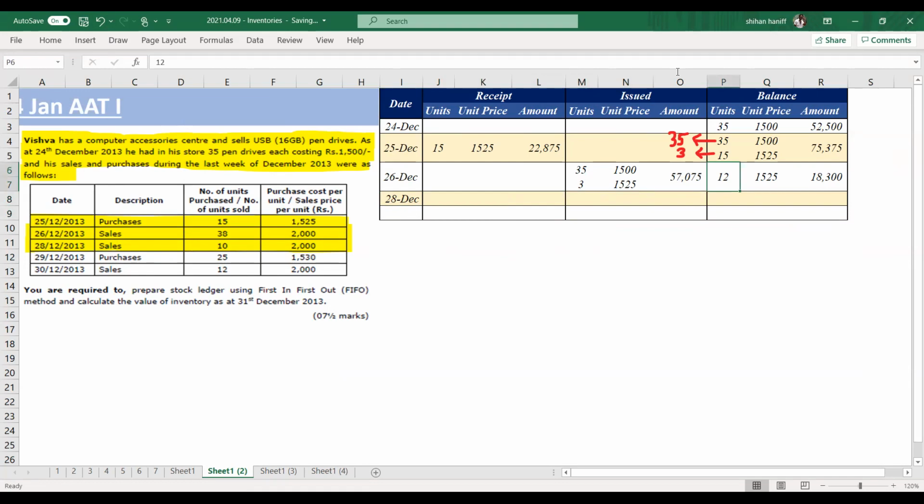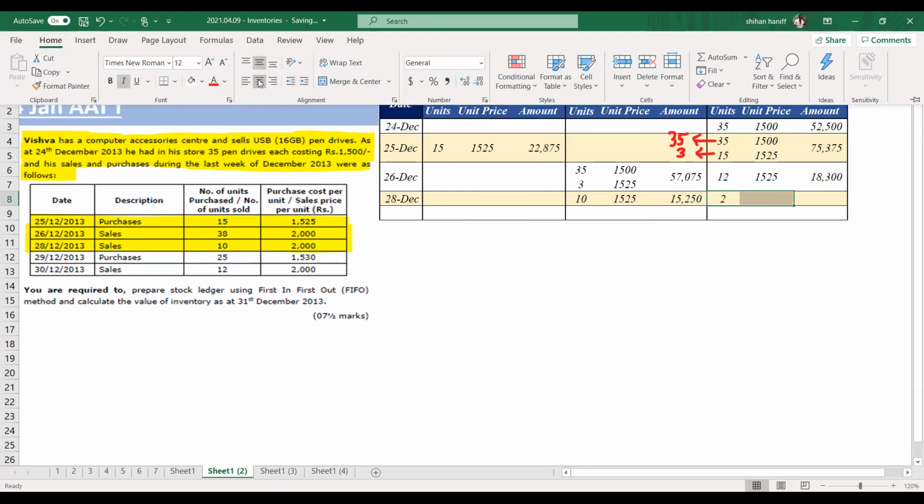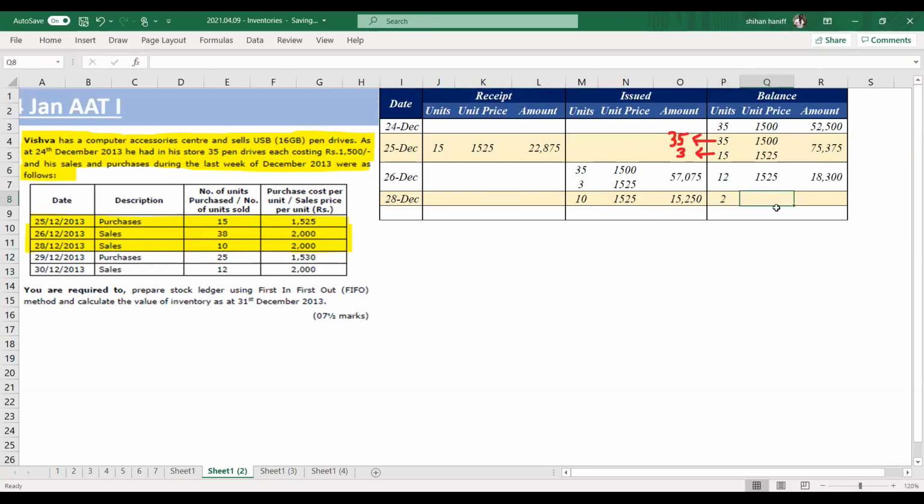Now there are 12 units. Out of this 12, 10 units we are selling. Price is 1525. So value will be 15,250. Remaining only 2 units. Out of 18,300, 15,250 deducted. 3,050 is the balance.